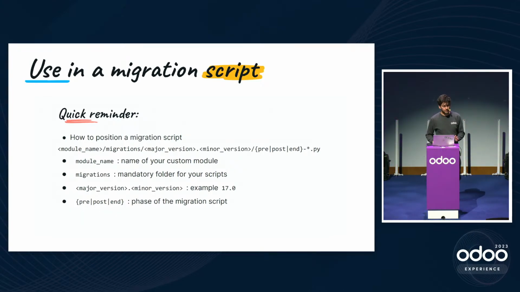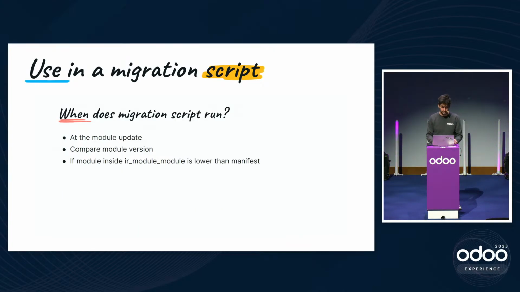And you need to specify also the phase of the migration script at the beginning of the file name. So there are three phases: pre, post, and end, which are executed at three different times during the update of a module. Pre is before changing all the fields and the data. Post is right after, and end is when all the modules have been updated, if you update multiple modules.